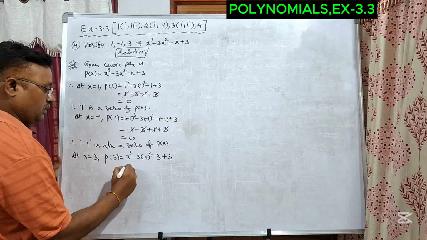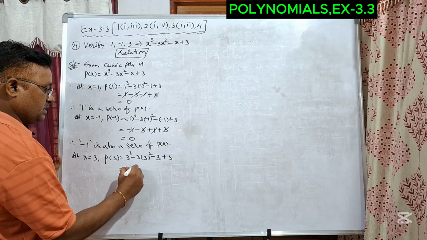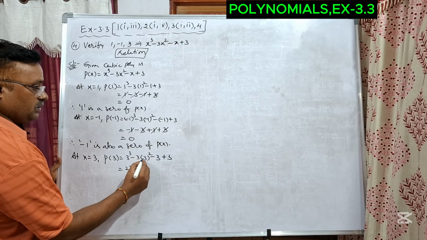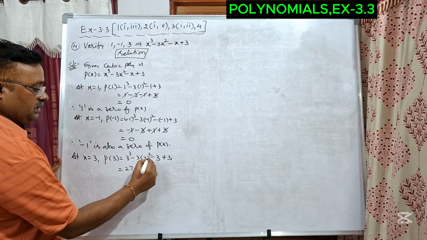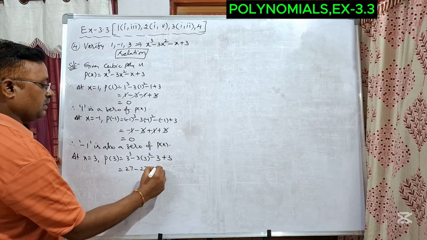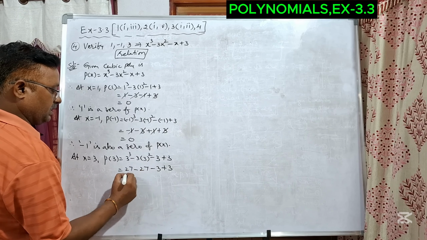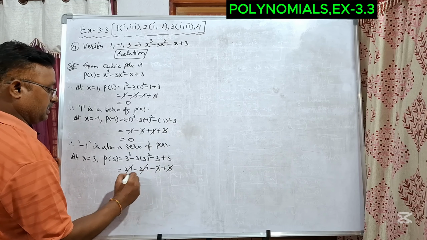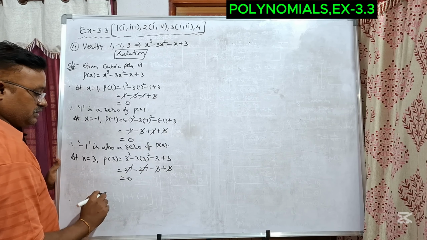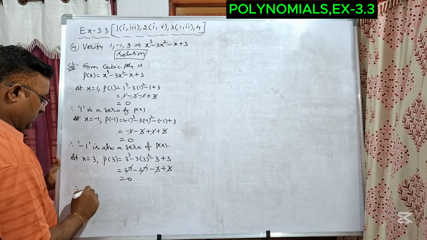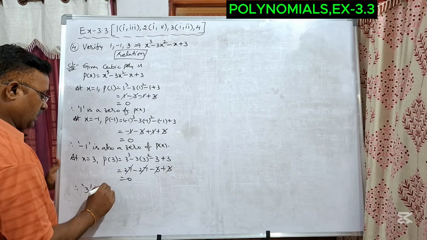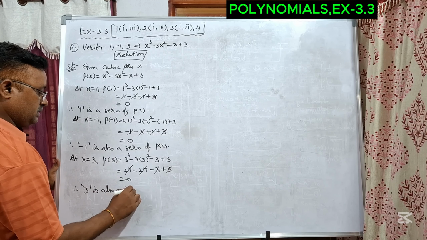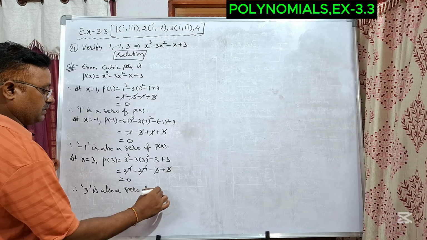Is equal to 3 cube means 27 minus 3 into 3 square value 9, 9 3s are 27 minus 3 plus 3. They get cancelled with plus or minus symbol, polynomial value 0. Therefore 3 is also a 0 of p of x.